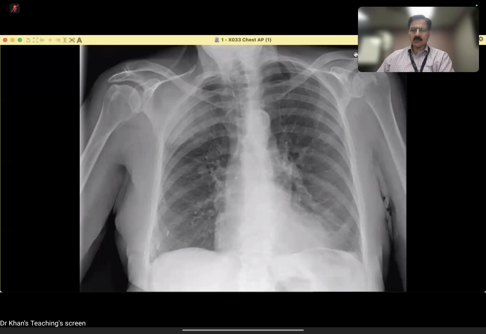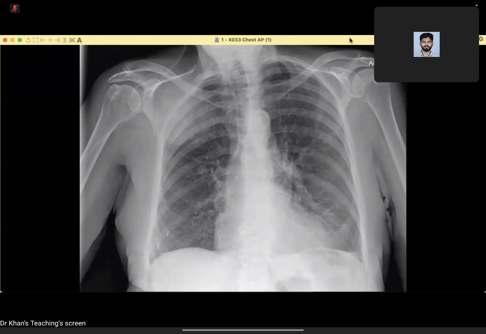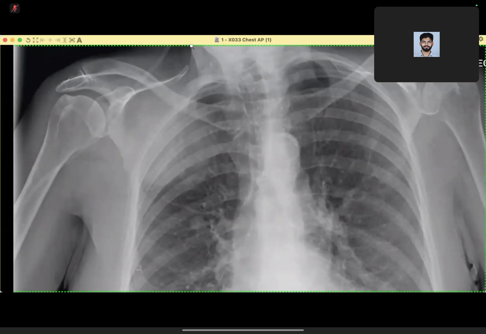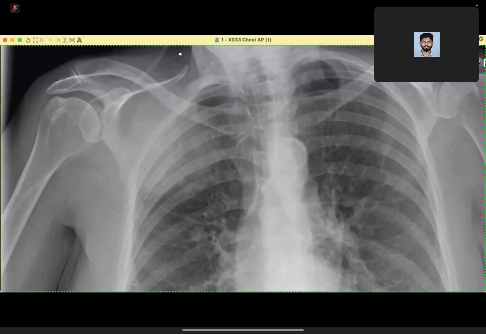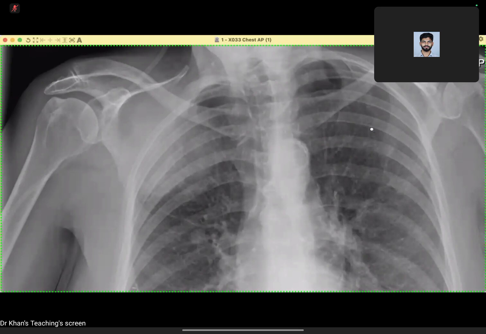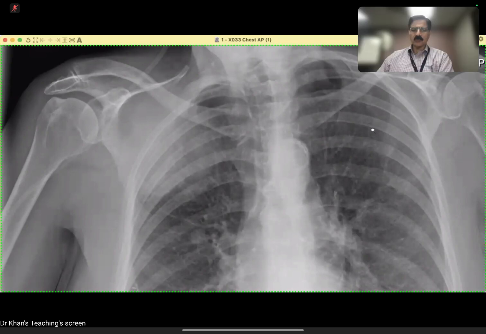Would you like to do something else to look at it in a better way? Yeah, I would check it in a zoomed-up image, and there is overall volume reduction in the right side chest wall and right lung parenchyma also. Okay. So, have you picked up anything new?